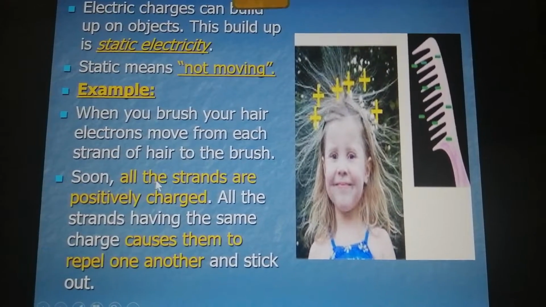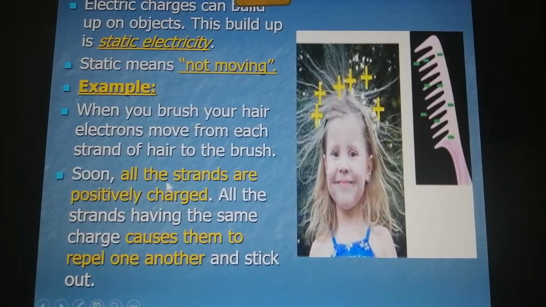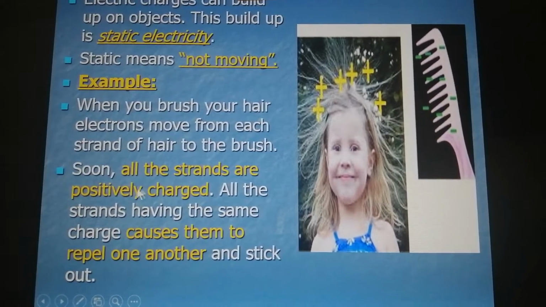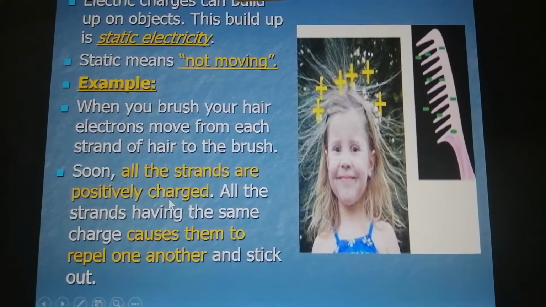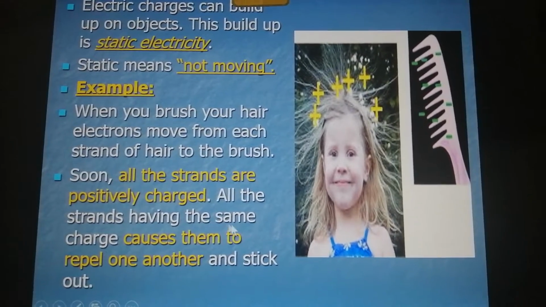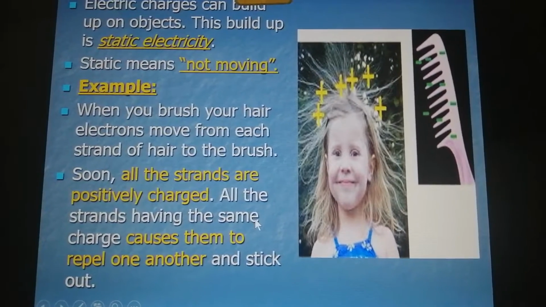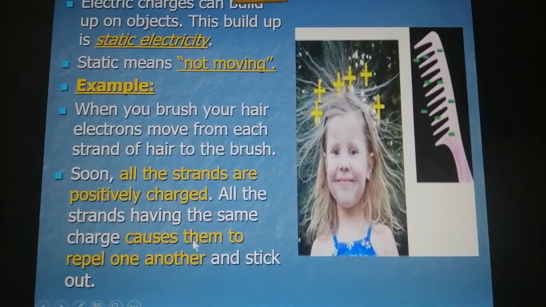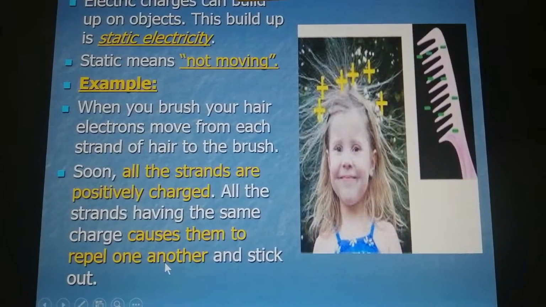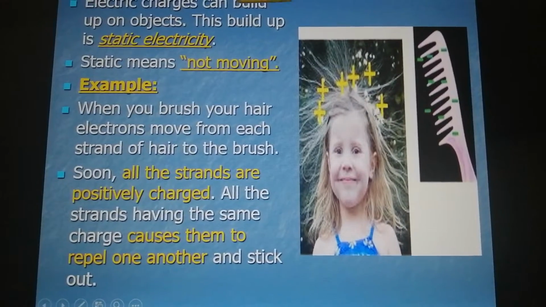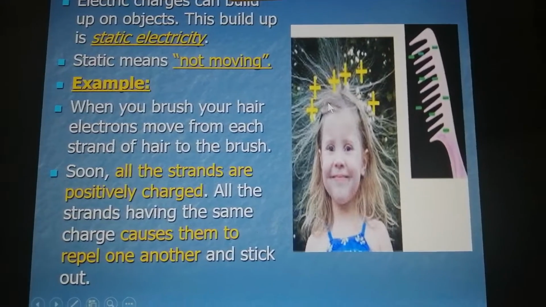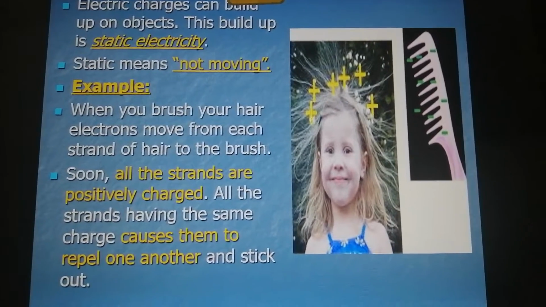So when you brush your hair with this comb, all the hair strands become positively charged. All the strands have the same charge, so they will repel. Yes, they will repel because the same always repel, while opposite always attract.